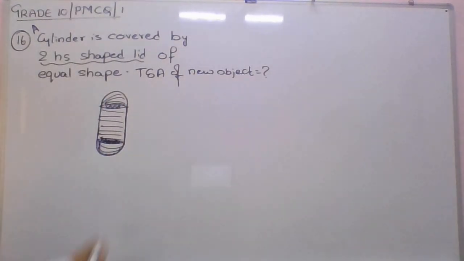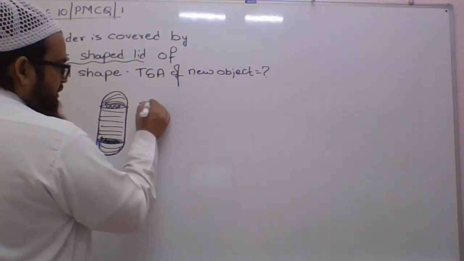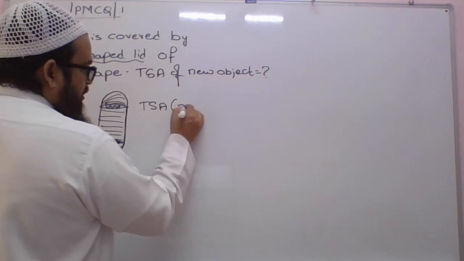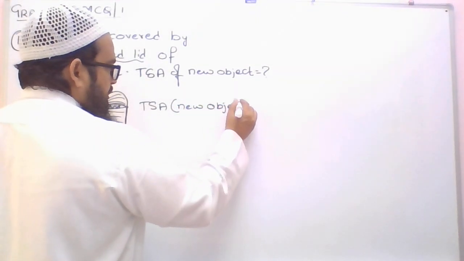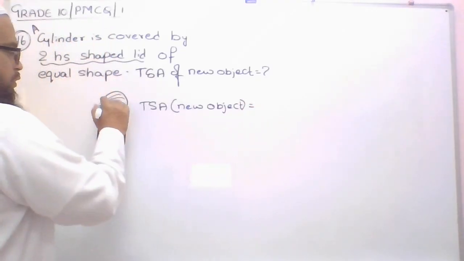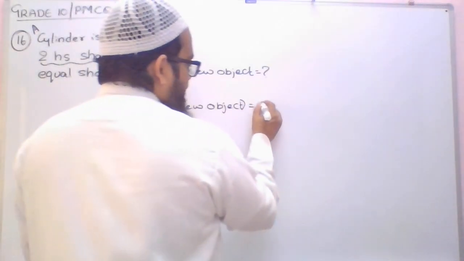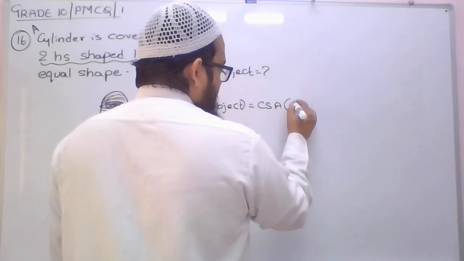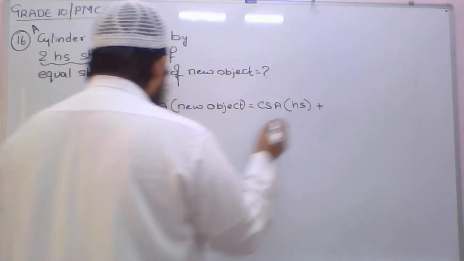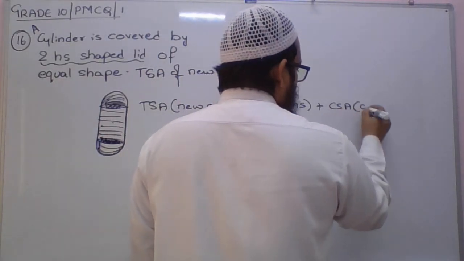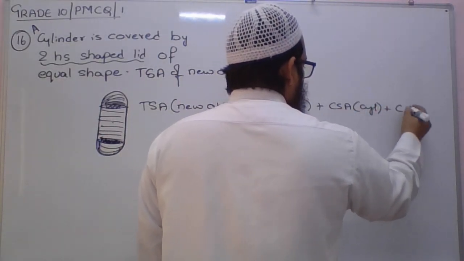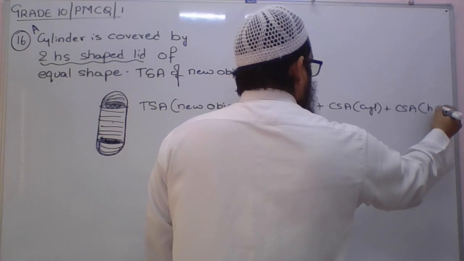So what will be the total surface area of the new object? Total surface area of the new object is equal to the curved surface area of hemisphere plus the curved surface area of cylinder plus the curved surface area of hemisphere.